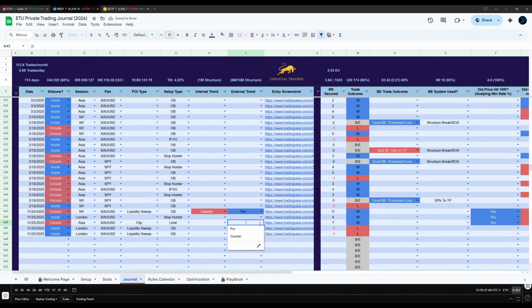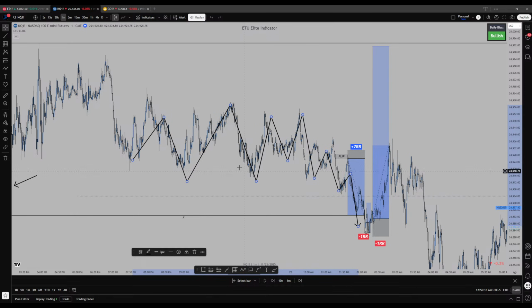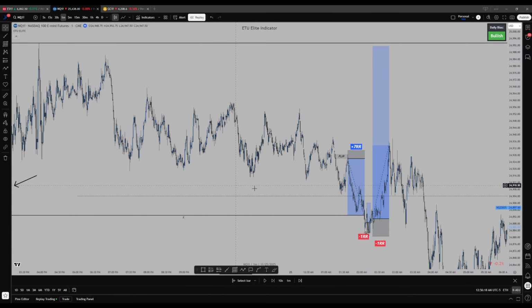Now, trend here, we've got to fill this out. This is counter external, but pro internal. Actually, in this case, there's situations where trend gets a little confusing with internal swing and external swing, and just internal candle to candle structure here. If you're looking at structure here, this is all your time theory structure here, aka current structure you're following.